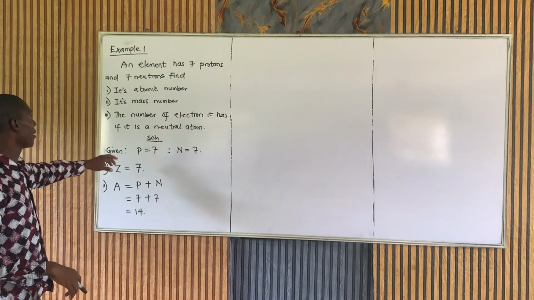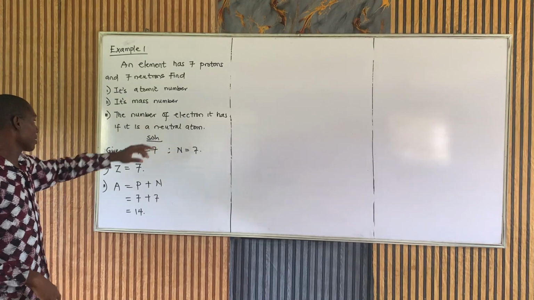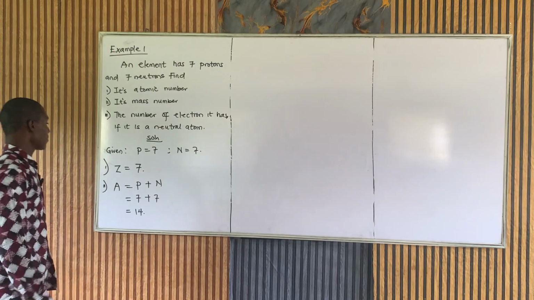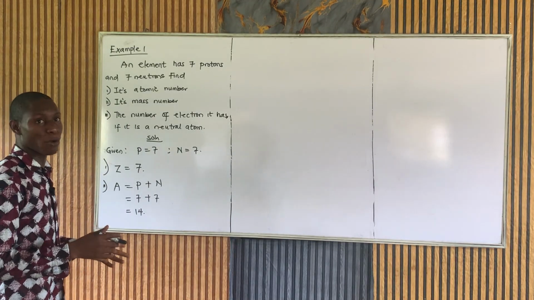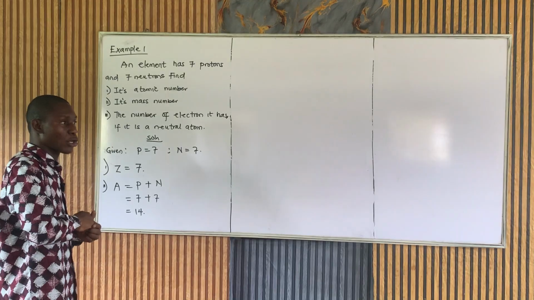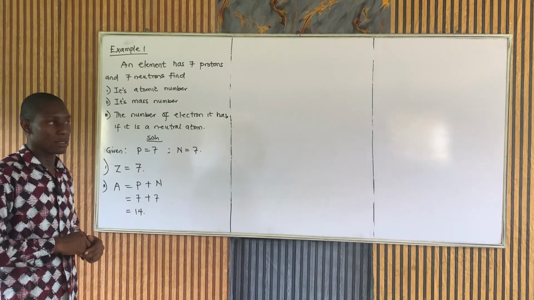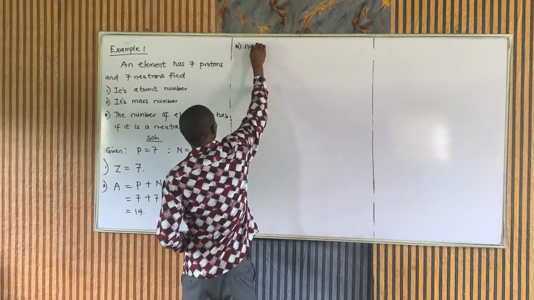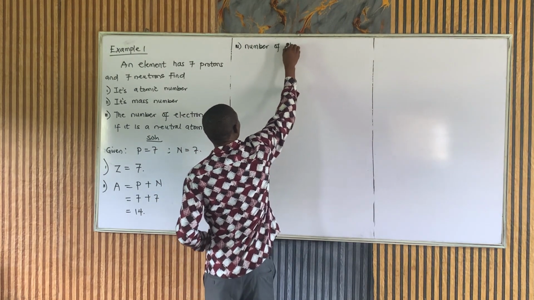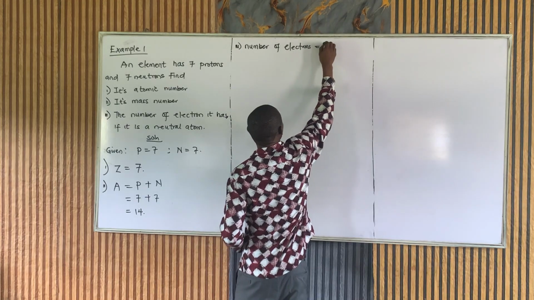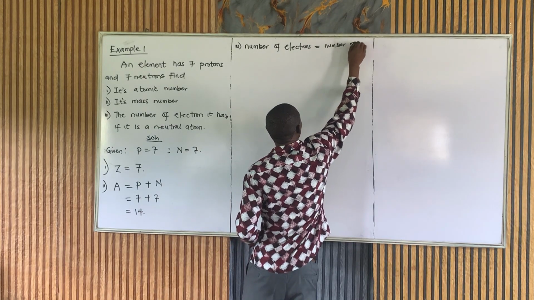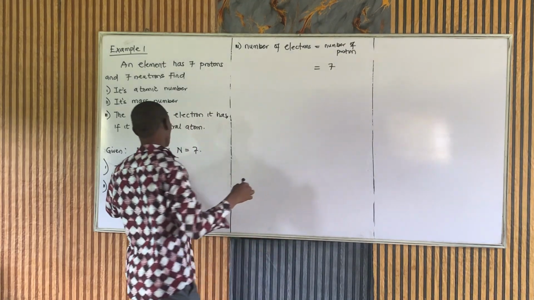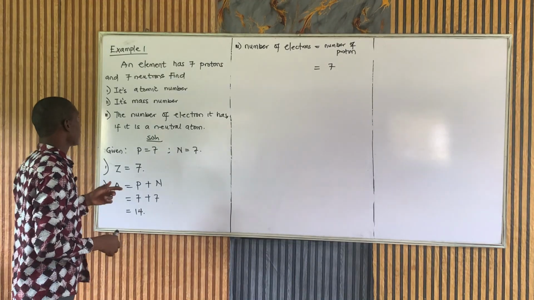So we know that a neutral atom has an equal number of protons and electrons. The number of electrons is the same as the number of protons for a neutral atom, and hence the number of electrons will be 7 since the number of protons is 7. That's that for this example.